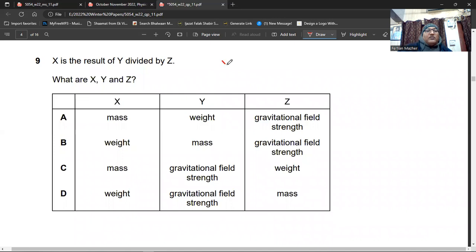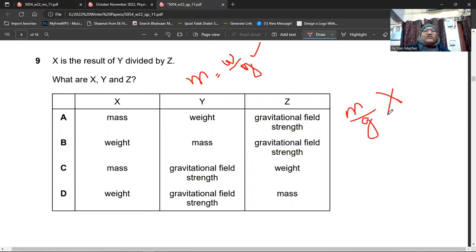This means W, weight, divided by G. Is this the right thing? Yeah, you remember the formula, W is equal to mg, and the mass will be Y divided by Z, meaning W divided by Z. This is the right option, sir. Mass divided by G.